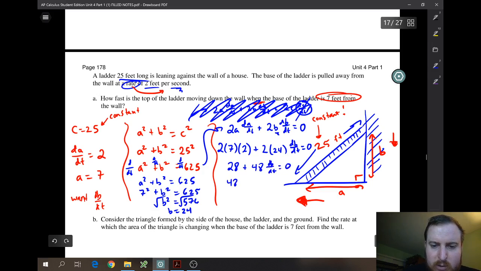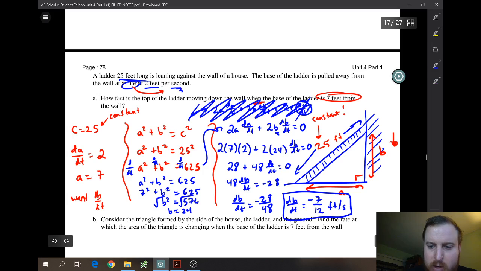We're going to subtract 28 from both sides, divide, and you can simplify this, and we're going to end up getting dB dt equals negative 7 over 12. And then our units, right, let's go back. We had feet per second. And the reason I know it's feet and not feet squared is because it's b, it's the length of something.